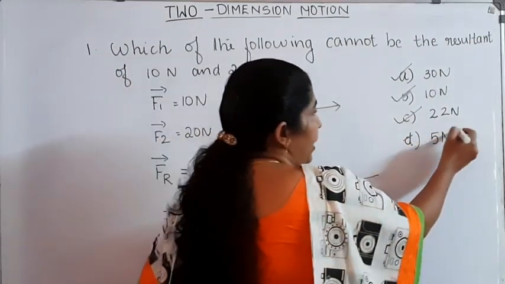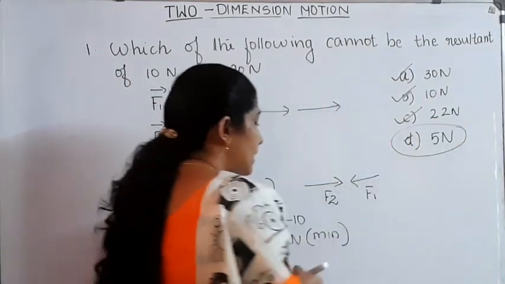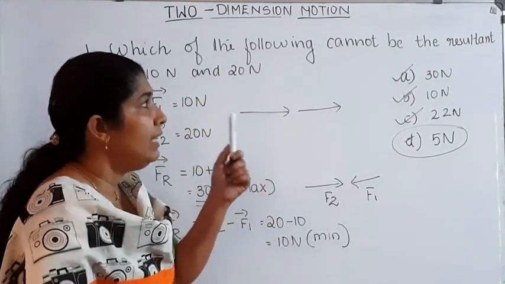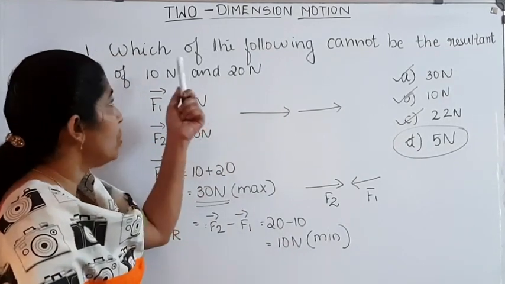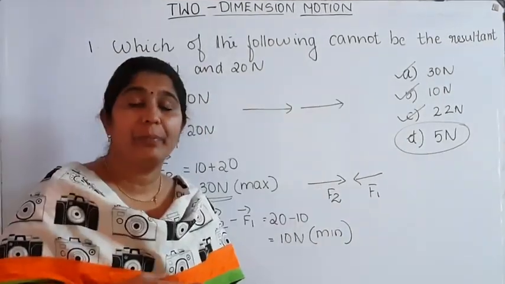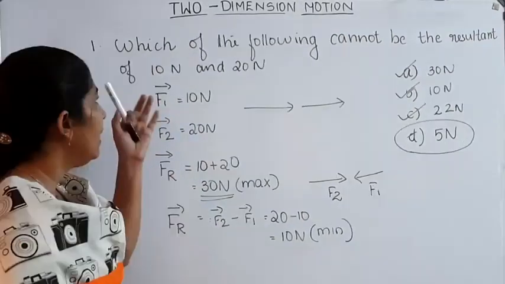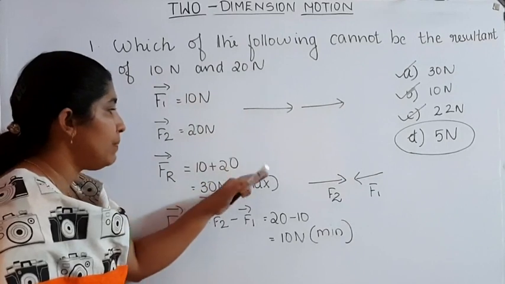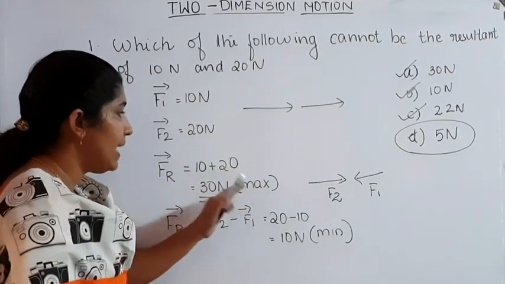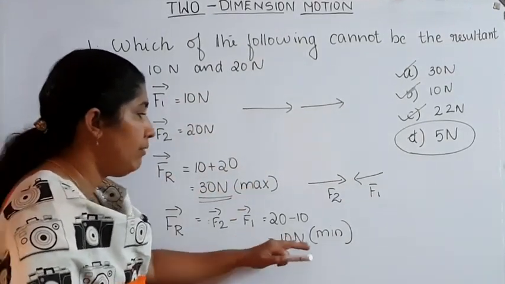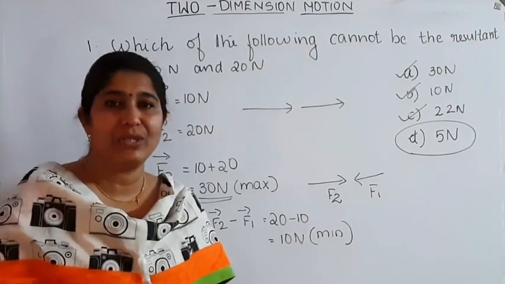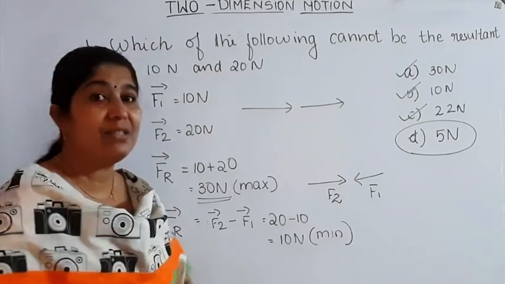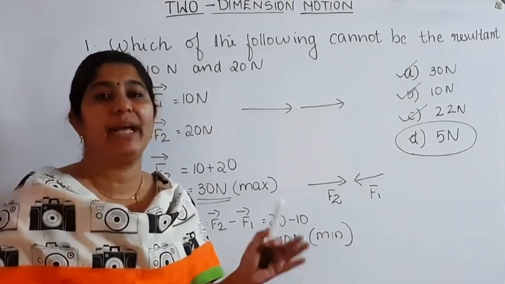Fourth option is 5 Newton, which is less than the minimum force. So in this question 5 Newton is the correct answer, because our question is which of the following cannot be the resultant of these two forces. The resultant of 10 Newton and 20 Newton will be maximum when these two forces are acting in the same direction and minimum when they are acting in the opposite direction, and other values of the resultant lie between 10 Newton and 30 Newton.